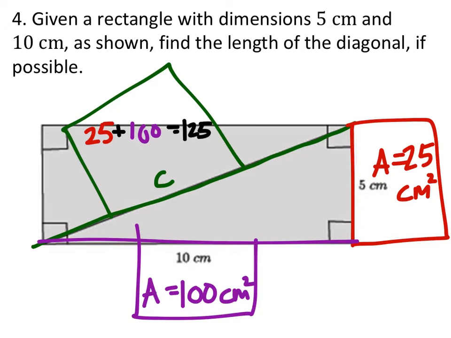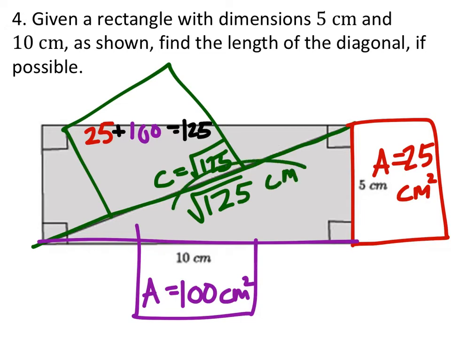So the length of that diagonal there is the area, 125, but square rooted. And this we'll write in centimeters as well, so we'll label it the square root of 125 centimeters. Now there are ways to simplify this, but we're not worried about that right now. For now, this will do.